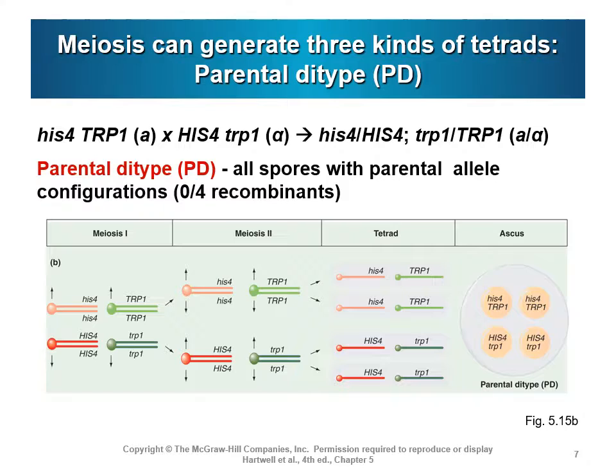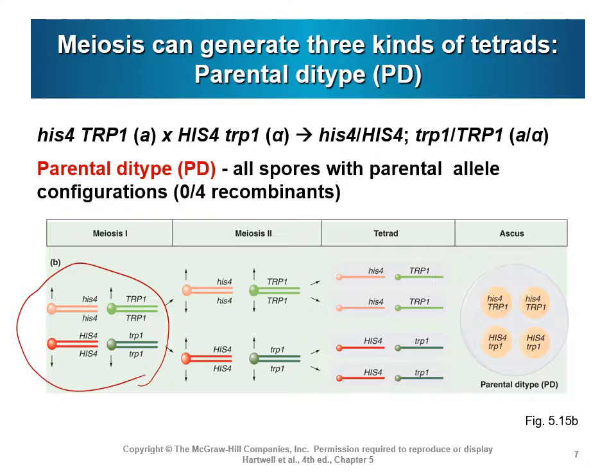At the meiosis 1 stage, we see that the histidine 4 recessives come together, the tryptophan 1 dominants come together, and then the histidine 4 dominants come together, and the tryptophan 1 recessives come together.